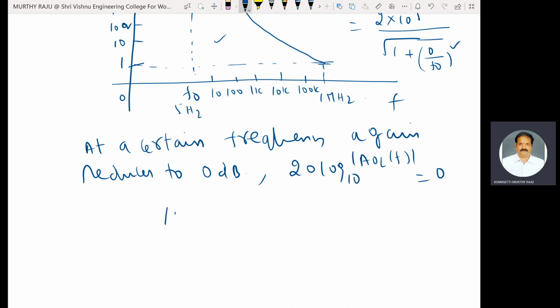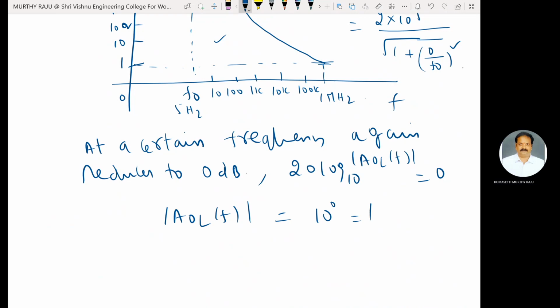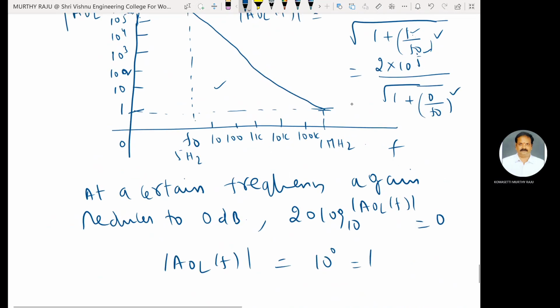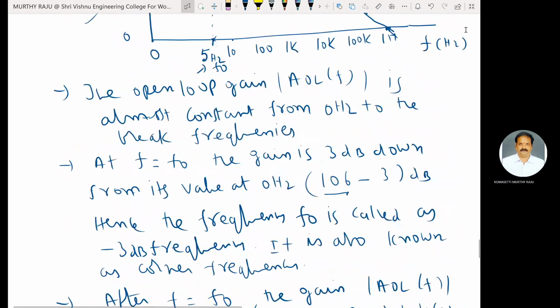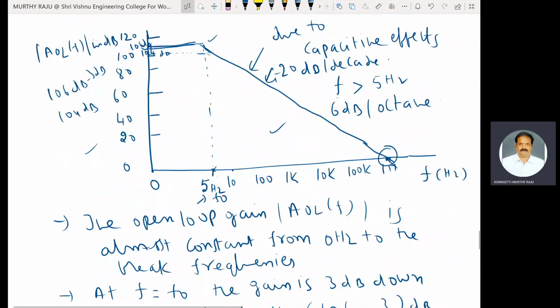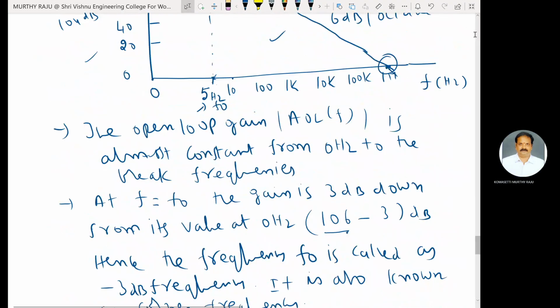Therefore, mod AOL of f is equal to 10 power 0, that is equal to 1. It reaches 1, or 0 dB.